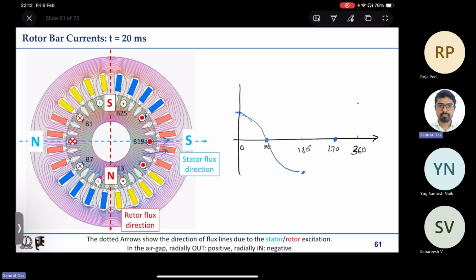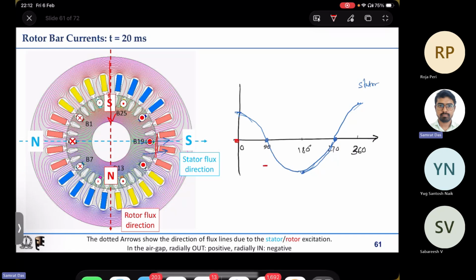So this is the stator field. And if the rotor field is plotted, so here at 0 degree it is 0, 90 degree flux direction is downward, so here it is radially inward, so I have to assign negative sign to it.